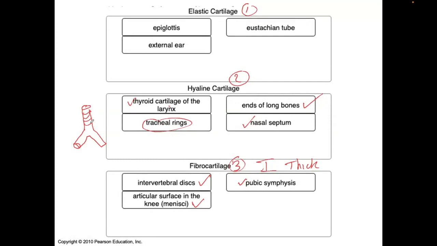So these are the tracheal rings, right? And then you'd have your lungs over here. And then elastic, this has the flexibility. It would be the external ear, like the helix of the ear, at the back of the throat, the epiglottis, and inside the ear, the eustachian tube, all elastic.